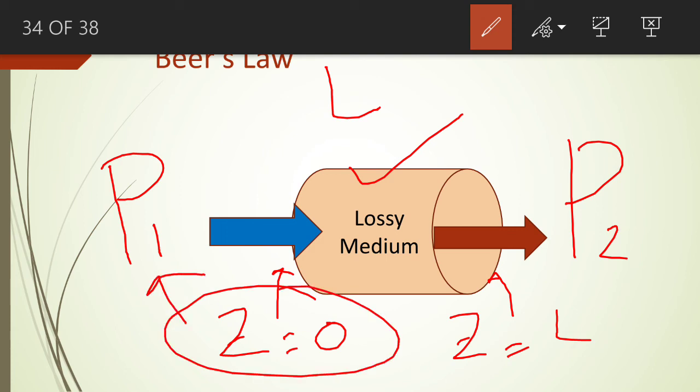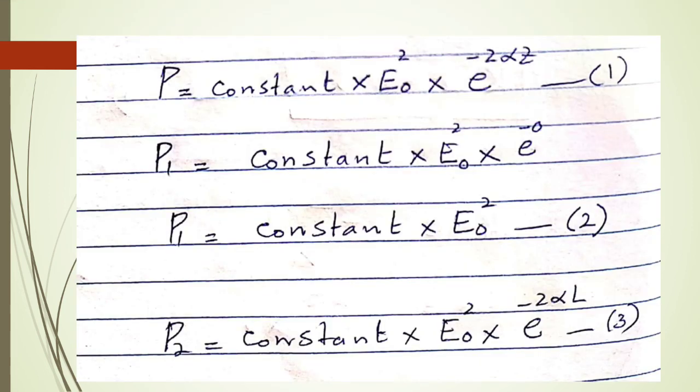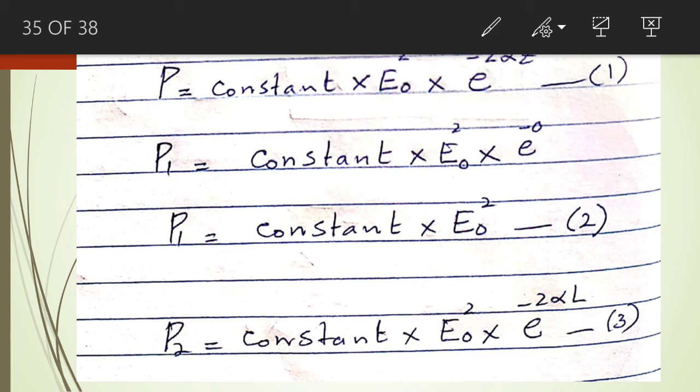So let us put the value of Z in the equation for P1. If I put the value of Z in equation number 1, P1 will be equal to a constant multiplied by E naught square into e raised to power minus 0.